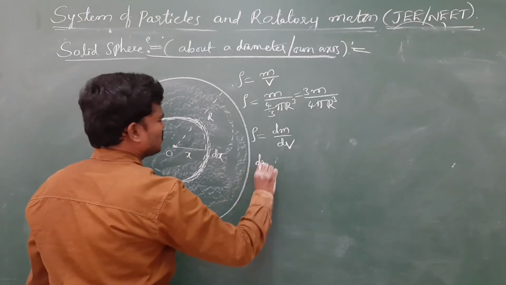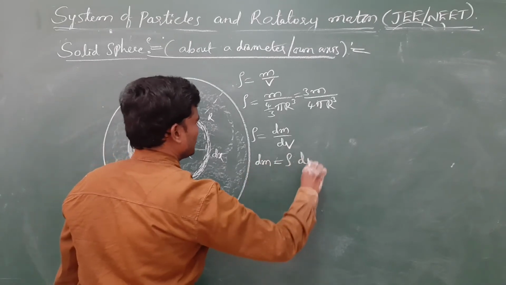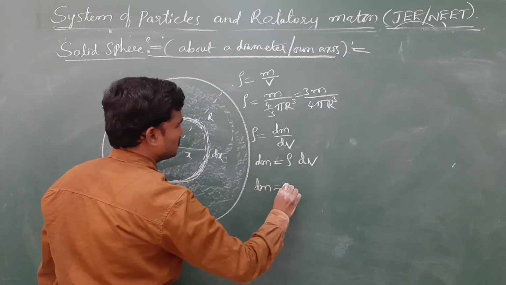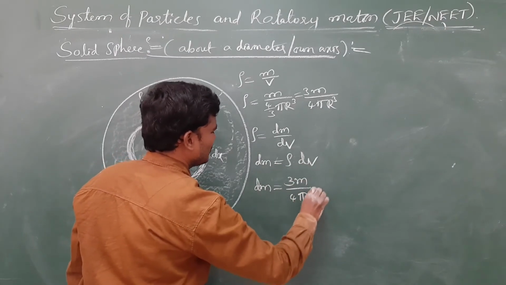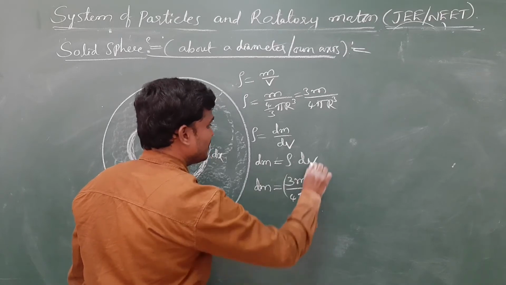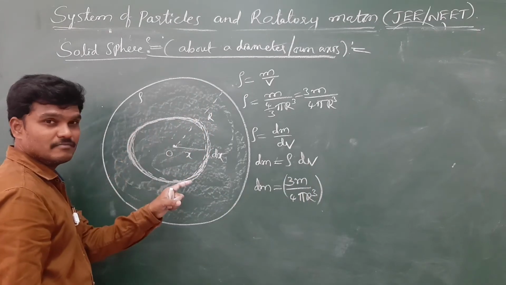So dm is equal to rho dv. So dm is equal to rho, which we got as 3m by 4 pi r cube, times dv, the volume of this region.